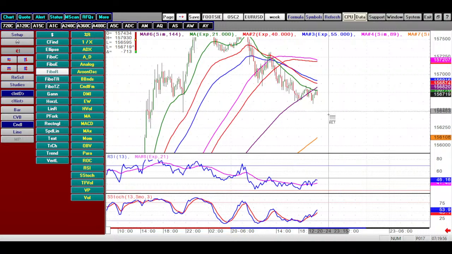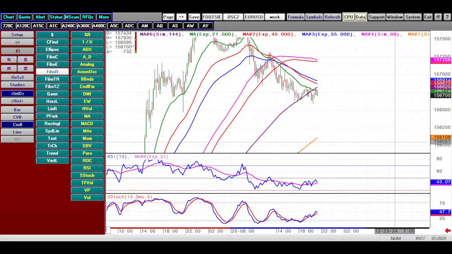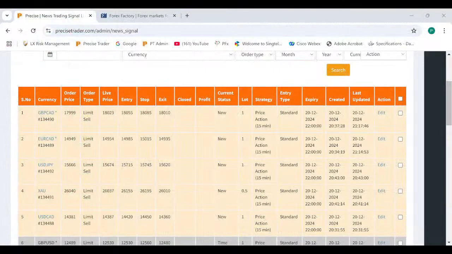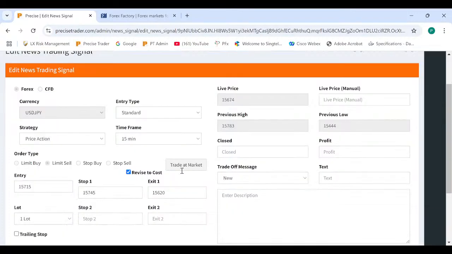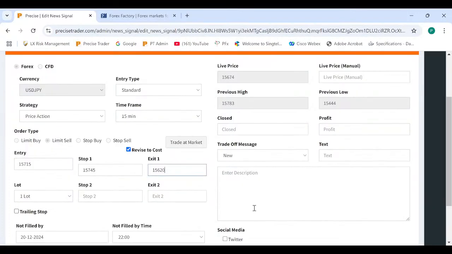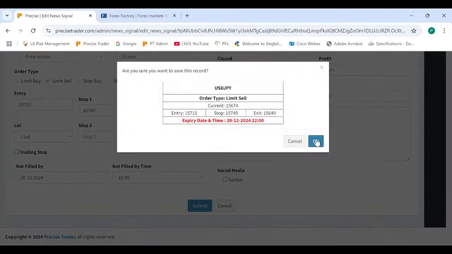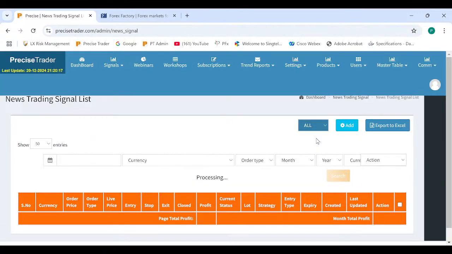Okay, so now we have given a sell call at 157.15 and 157.45 as stop, and 156.20. So probably we may want to raise the 20 to 30 or 40, because there is a strong support at 20, 25 and 35.